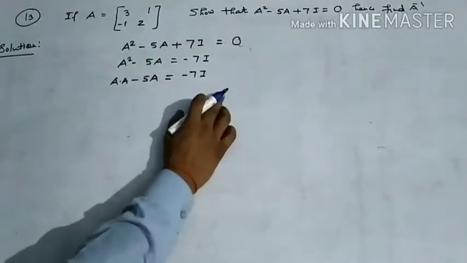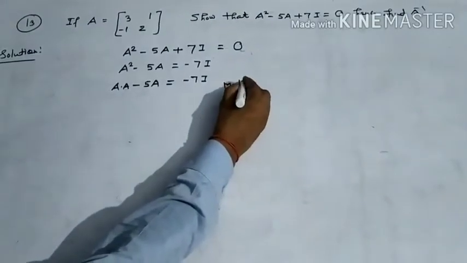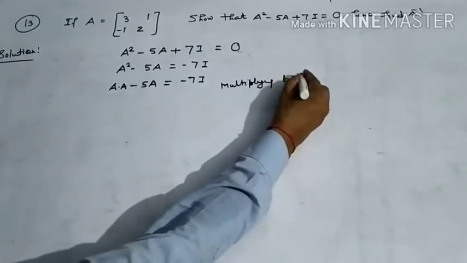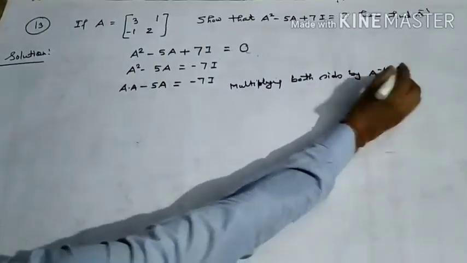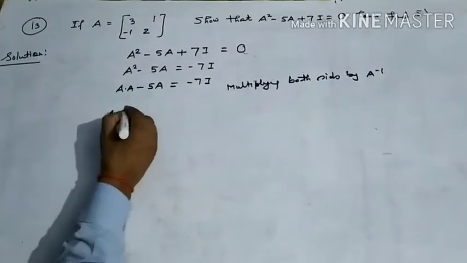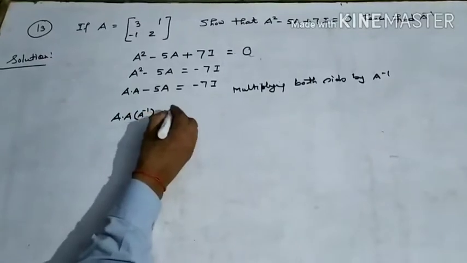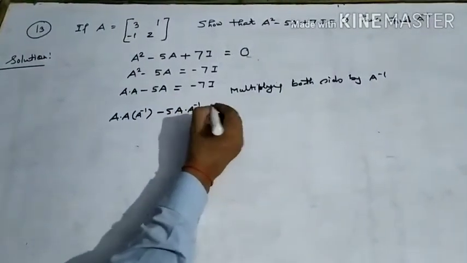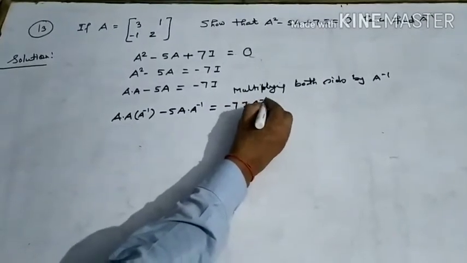Multiplying both sides by A inverse. So what will we get? A into A into A inverse minus 5 A into A inverse is equal to minus 7I into A inverse.